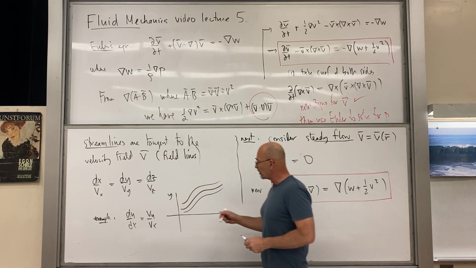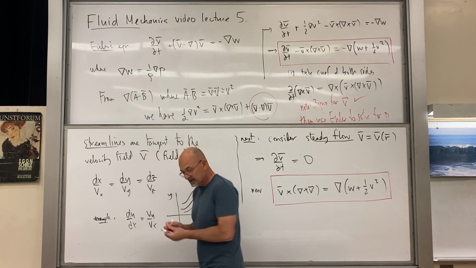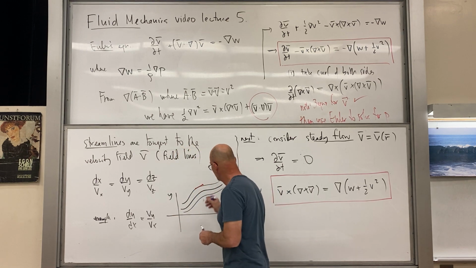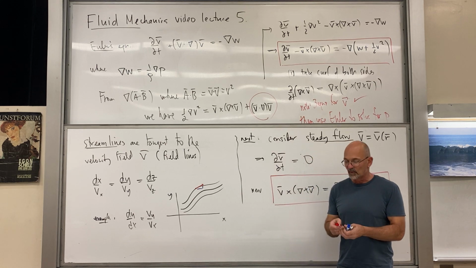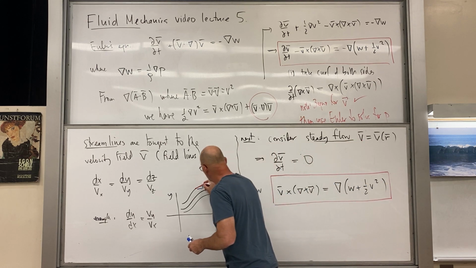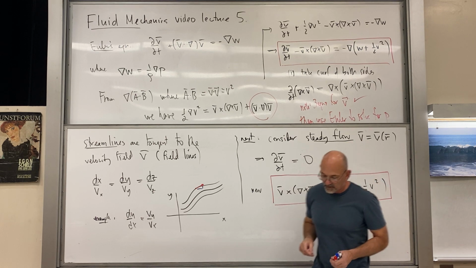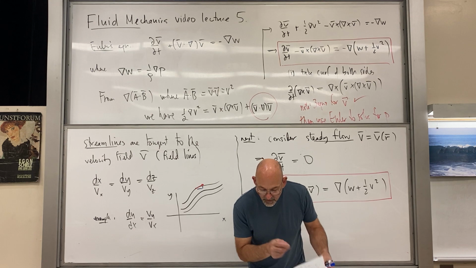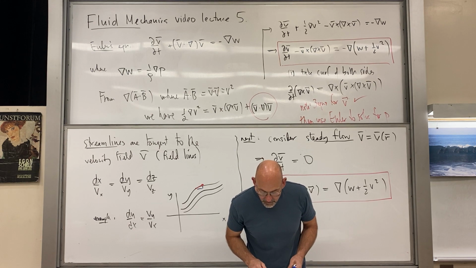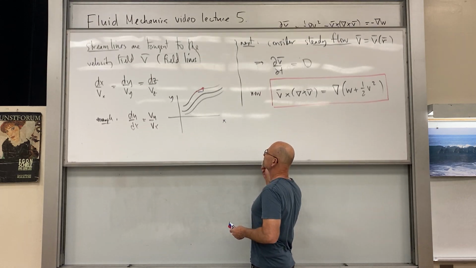Then there's your dy over your dx, and your vy over vx, there's your vector. Okay. So that's just in keeping with how we think about these things. Good. Okay, so far so good.